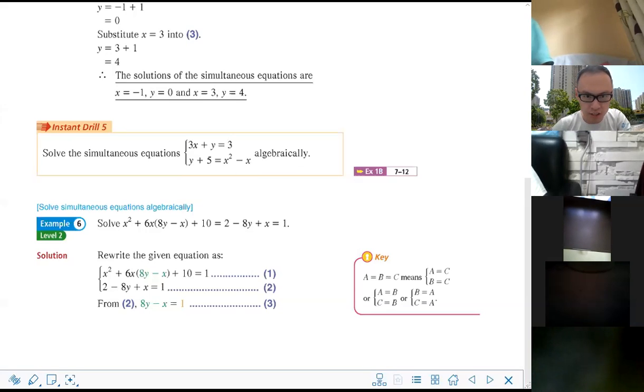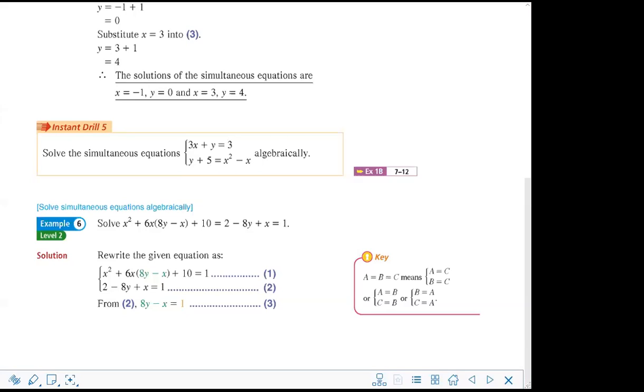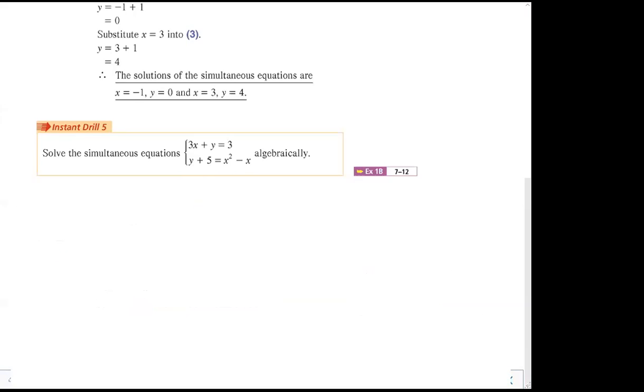Okay, so let's check the answers. So let's see. So let us label this first to be equation 1 and equation 2.